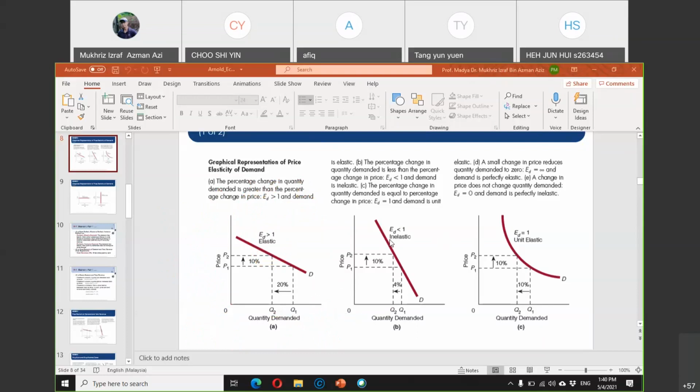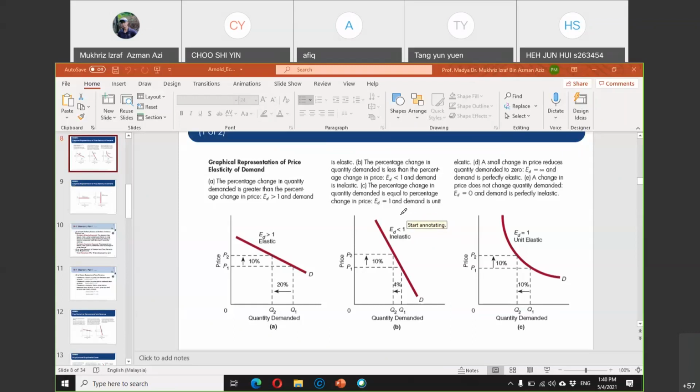Inelastic demand is usually for the goods that we buy in grocery stores and shops, which we can consider as basic necessities. For example, flour, beras, tepung, sugar, rice. These are goods that you need to consume.